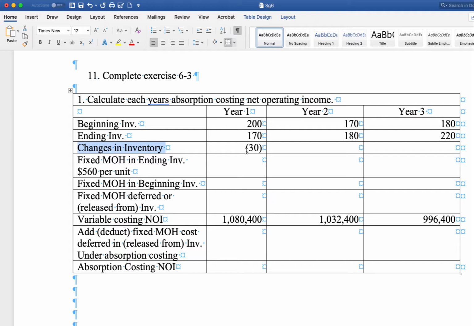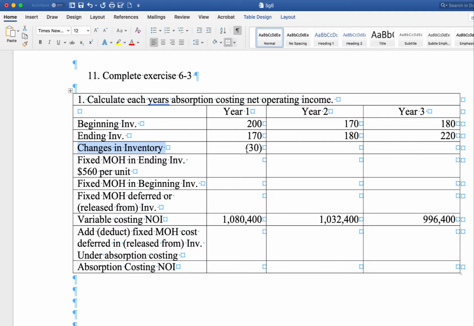Okay? So we have to recognize that inventory, or I should say the levels of inventory or the changes of levels in inventory, actually have an impact on the net operating income when we're looking at it from the absorption perspective or the variable perspective. Okay, so let's think about it this way. If there's no changes in inventory, we start with 0, we end with 0.